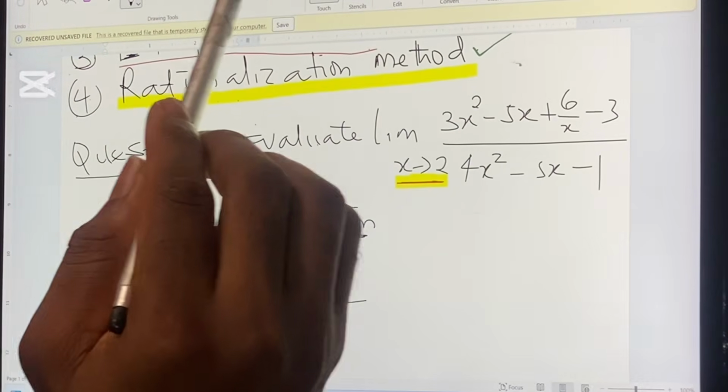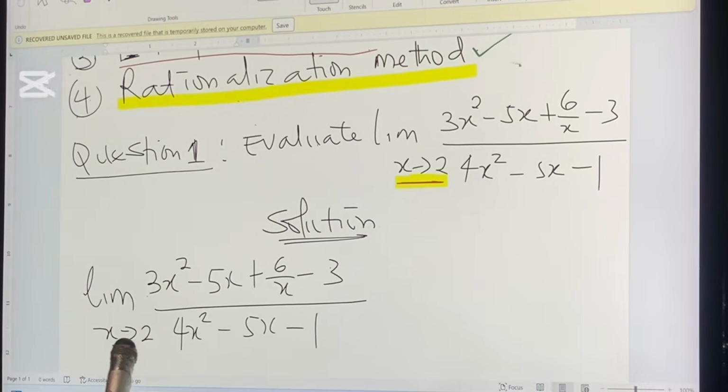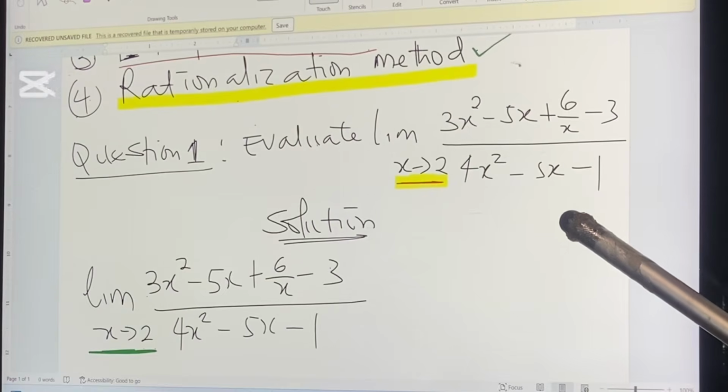So this word here, s tends to 2, simply means s approaches 2, that is s equals 2. So anywhere I see the letter s, I will replace it with 2.